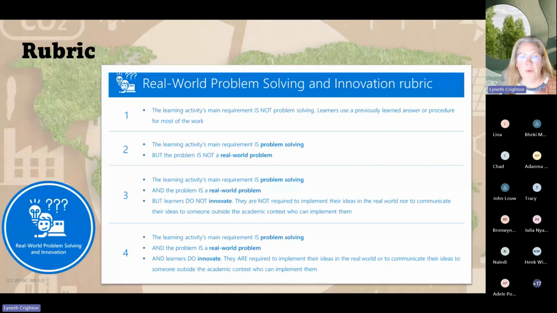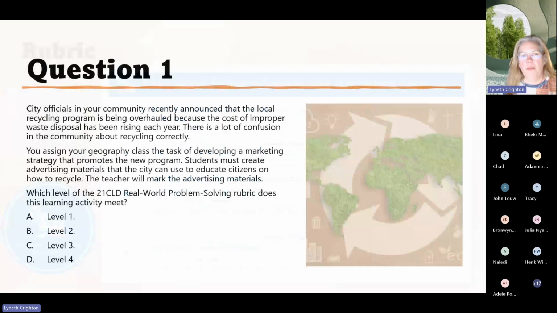So if we look at the rubric, is there problem solving? Thumbs up. Do you think there's problem solving? Or surprised if there's not? So there's problem solving in the fact that you could say, well, there's a problem because people don't know how to recycle correctly.